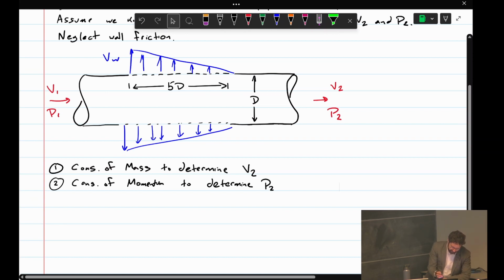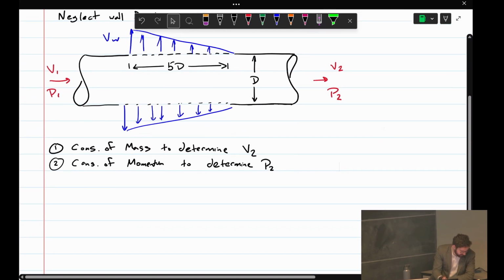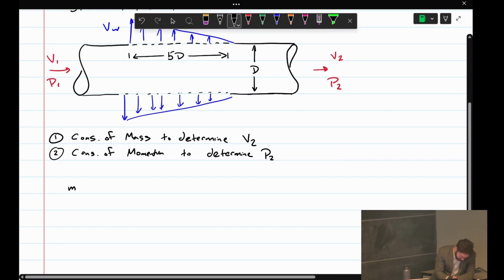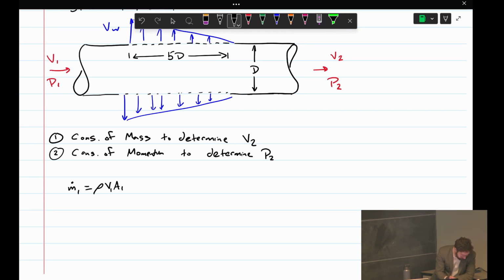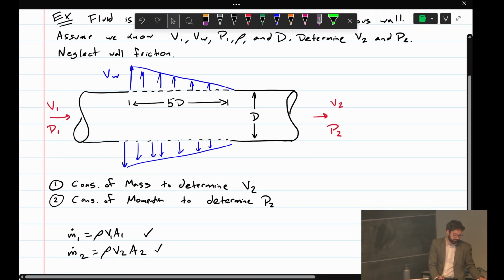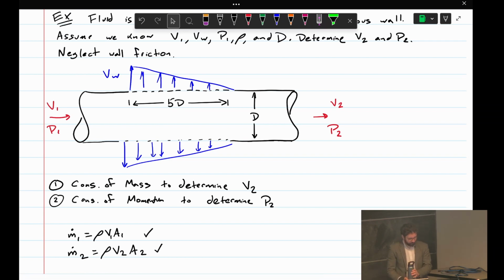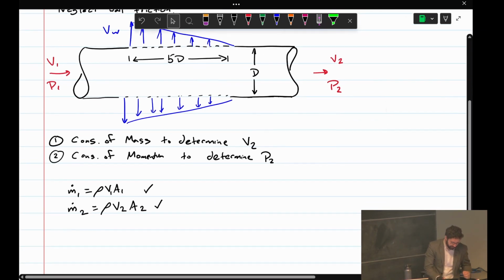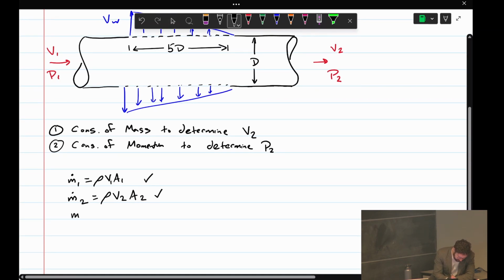So we have a relatively easy job to determine the mass flow rates at 1 and 2. m dot 1 will just be rho v1 a1, which we know. m dot 2 is just going to be rho v2 a2, which we know. So that's our normal pipe inlet. The issue is we don't know the mass flow rate out of the porous section.